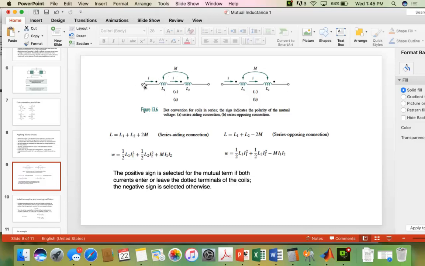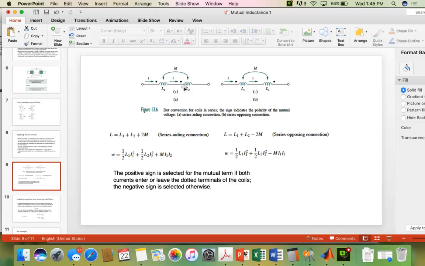So if you were to write a little KVL equation along this string of inductors, and just look at what the inductance is, basically in this first figure, because the dots are on the same side, you'll have L1 plus L2 plus 2 times M. So you get a voltage drop across L1 because you would have a j omega L1.